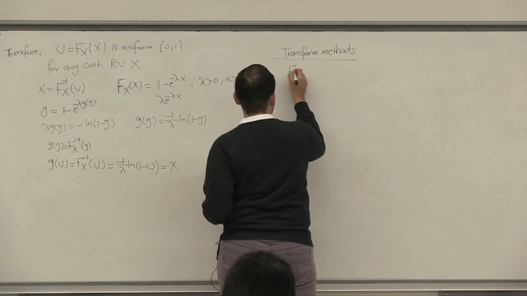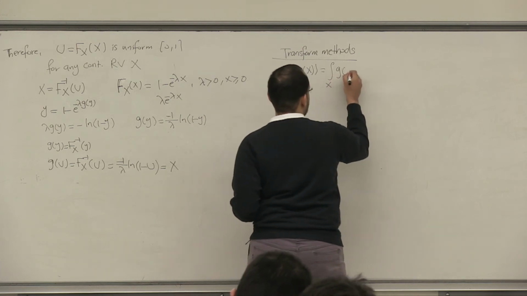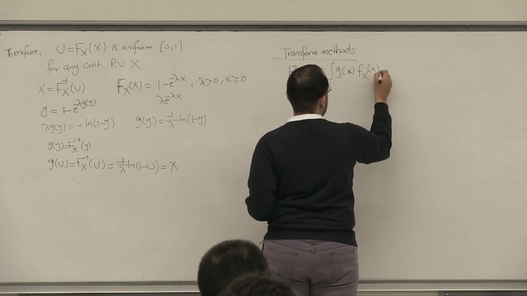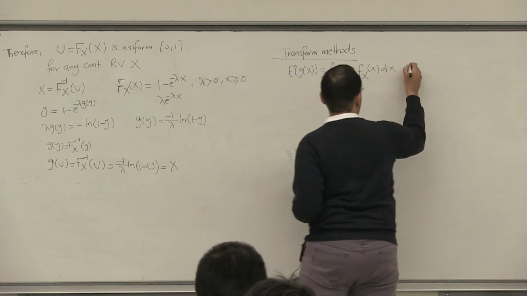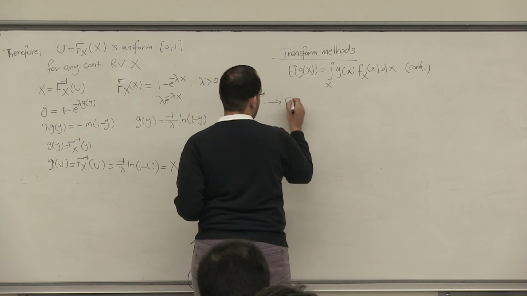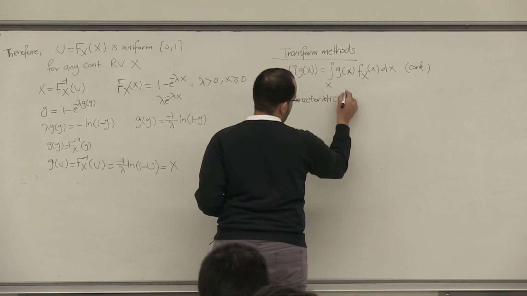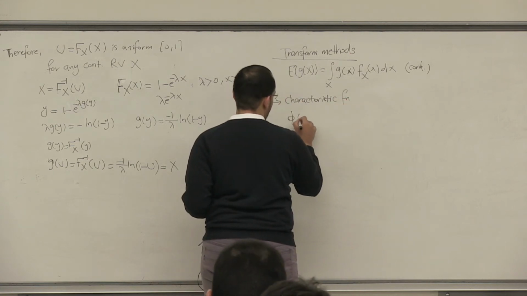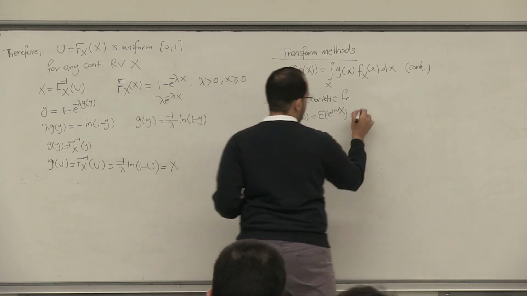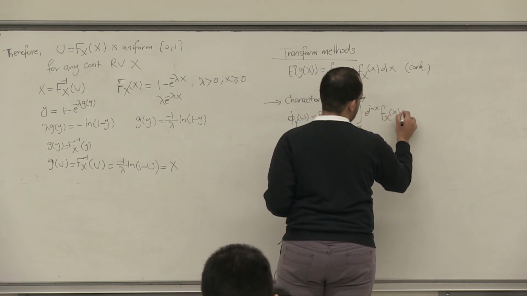So first of all, a rule about the expectation of g of X is the integration over x, g of x small, fx of x dx, obviously for a continuous random variable, and it's a summation if discrete. The characteristic function is phi of omega, which is the expected value of e to the j omega X, which is the integration over x of e to the j omega x fx of x dx.